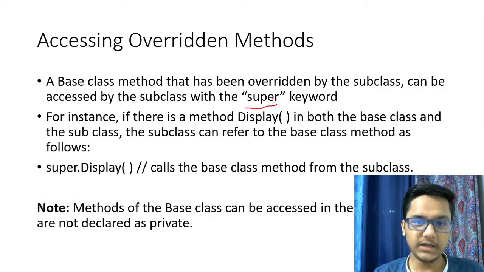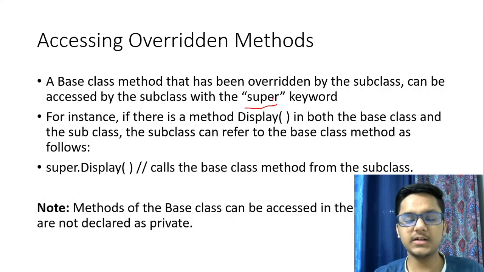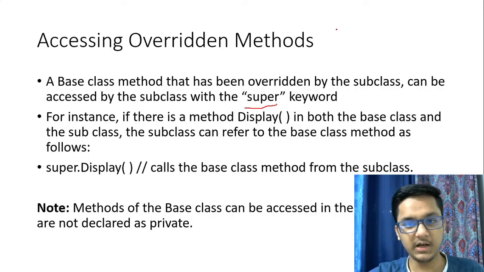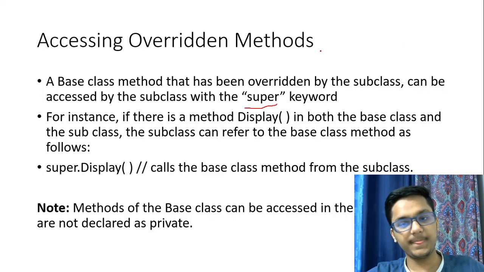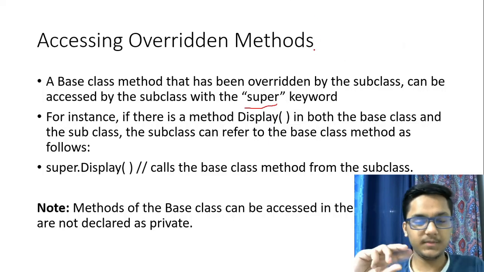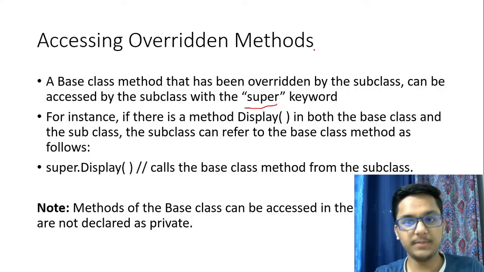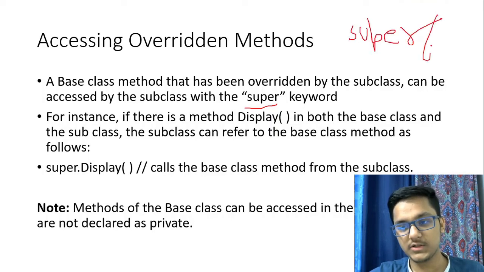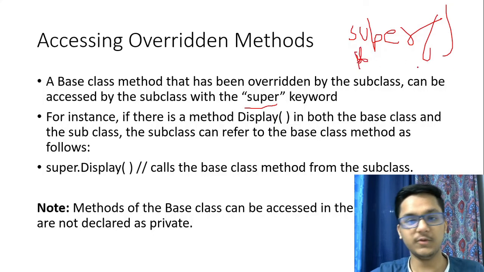Now, you might ask, how will I access the constructor? So let's say when you create an object using the class name of the child class, the child class constructor gets called. Now, to call the parent class constructor, inside the child class constructor, you'll have to use super. Below that will be the rest of the code.